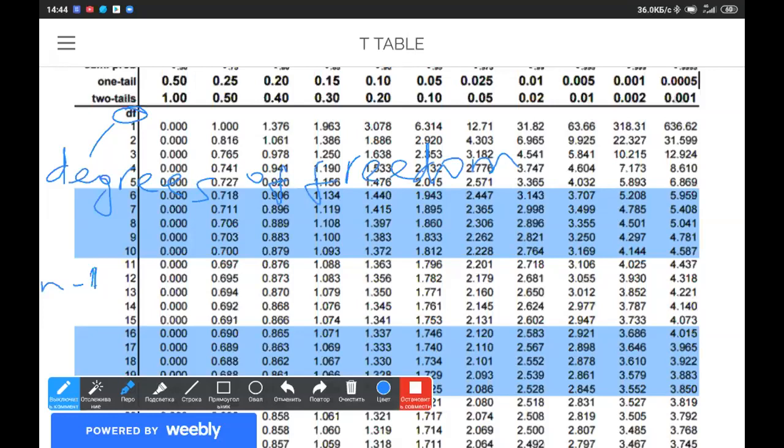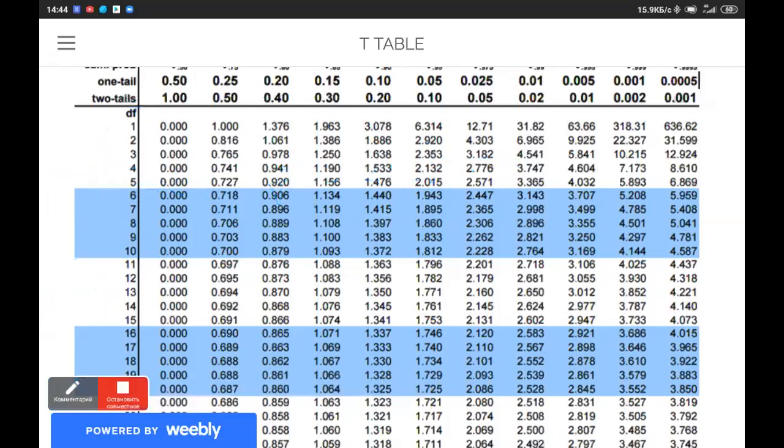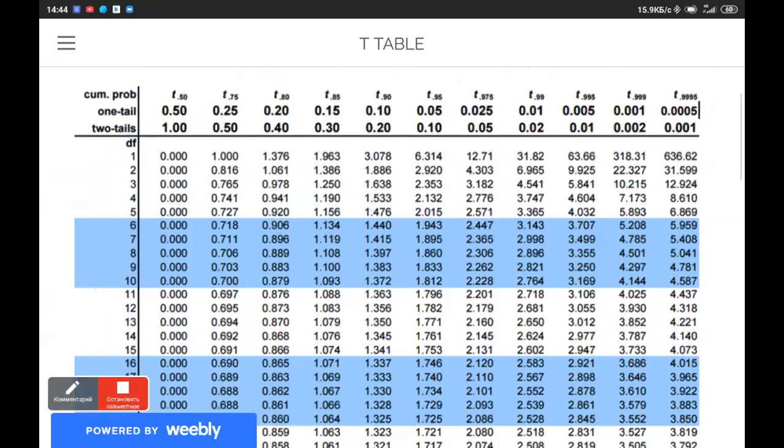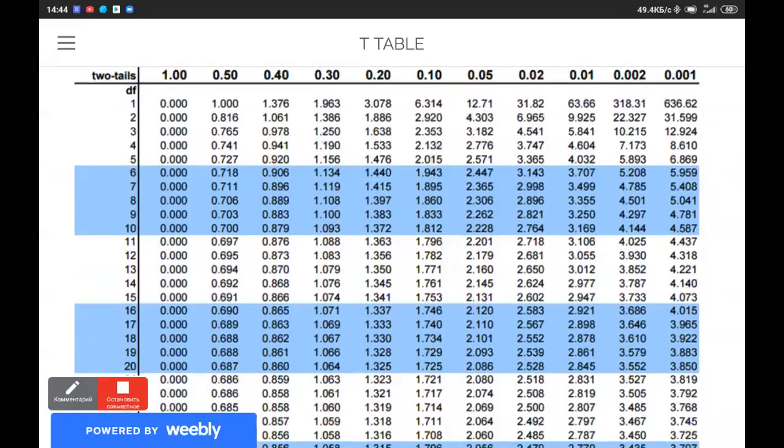We have n numbers, but those n numbers are not all totally random, because the mean of their deviations should be 0. And that imposes a restriction on them, and one of them becomes not free to choose. So that's why n minus 1. In our case, we have a sample size of 50. So our degrees of freedom will be 49.